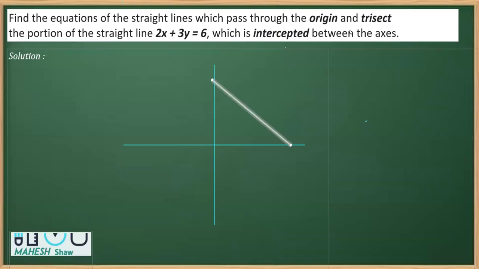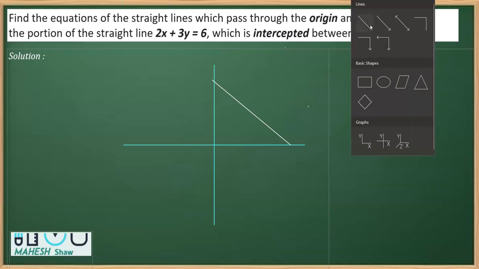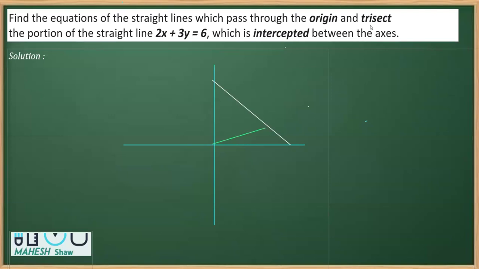It is intercepted, so this is say A and this is B. Now, they are saying that from the origin we are going to draw a line, say this one, and the other line, let's say this, which is trisecting it. That means it is dividing it into three equal parts. And we have to find the equation of the green and this yellow line, that is, the equation of these two lines.